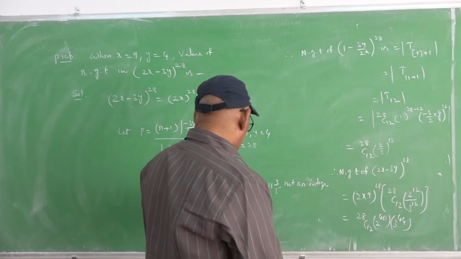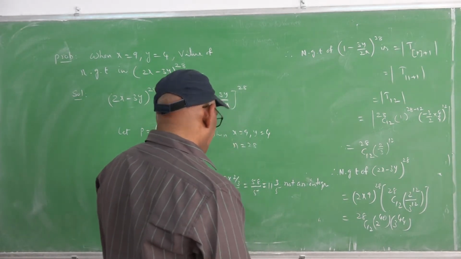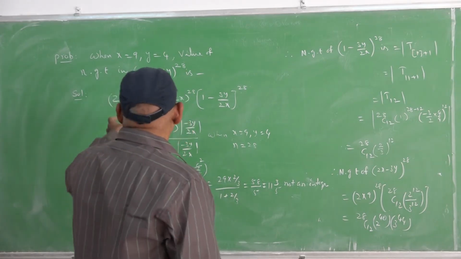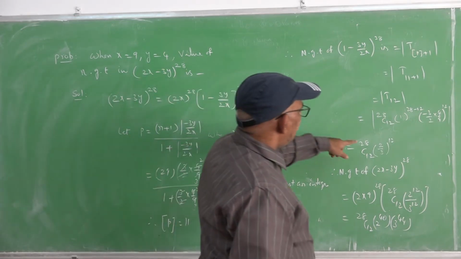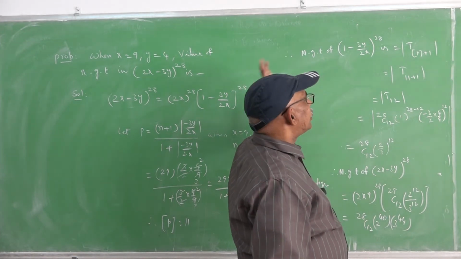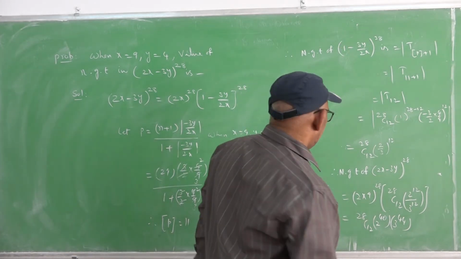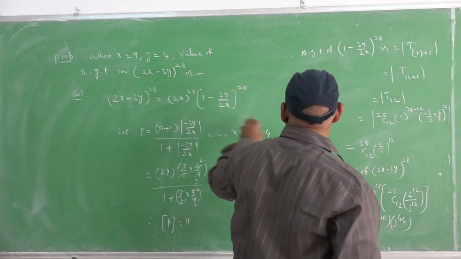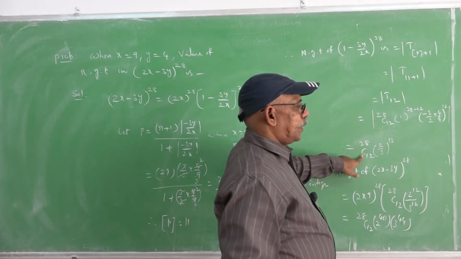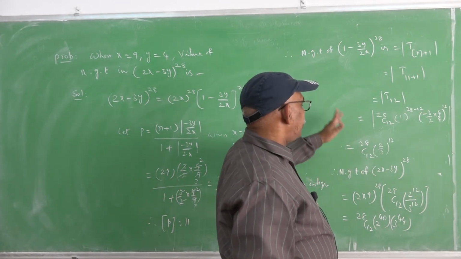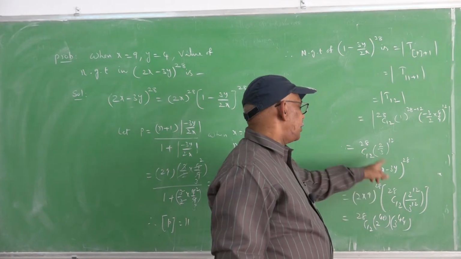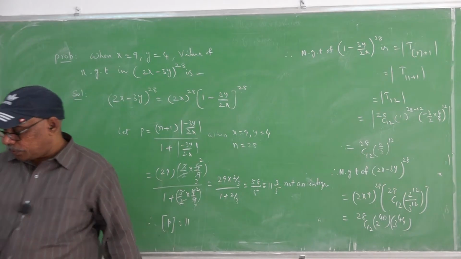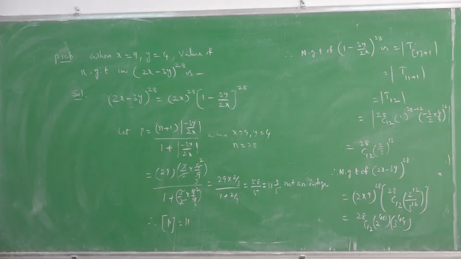That is the required 2 power 40 and 3 power 44, 28C12 is the required numerically greatest term of the given expansion. This is the numerically greatest term for given values of x and y for this expansion. For this expansion, the numerically greatest term is obtained by multiplying with (2x) whole power 28, 2 into 9 whole power 28, into the numerically greatest term. So this is the procedure of finding the numerically greatest term of the given expansion.